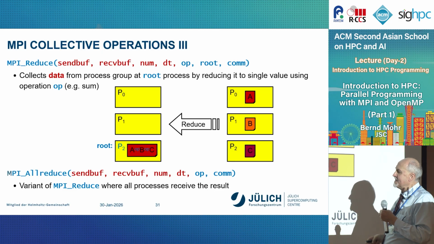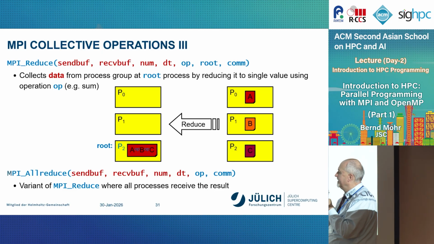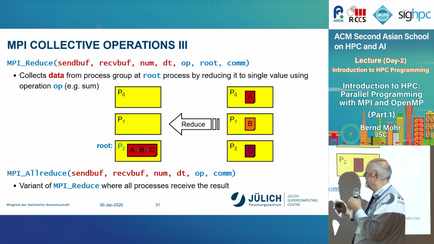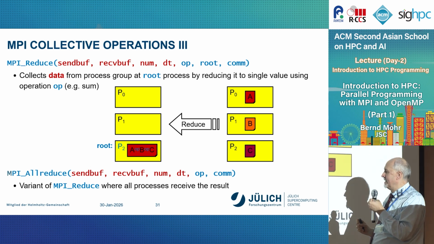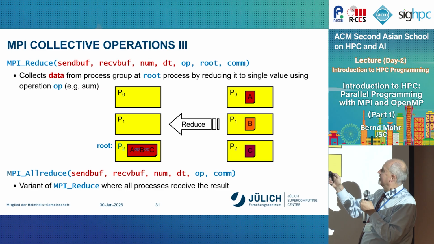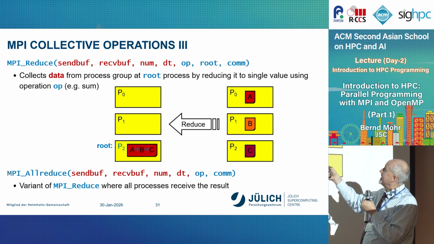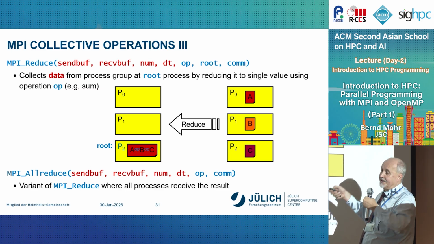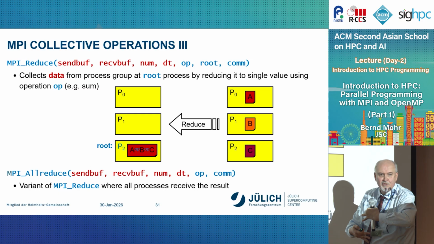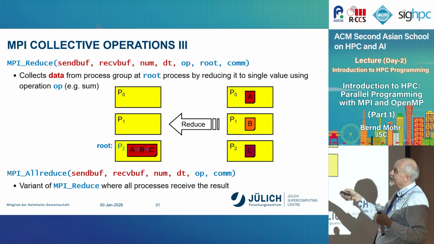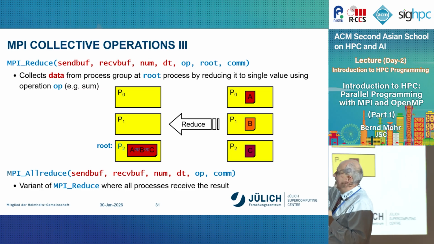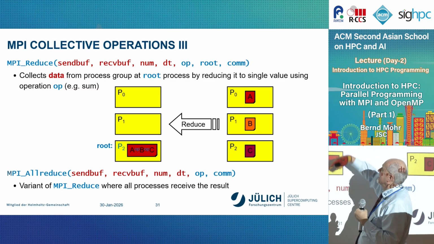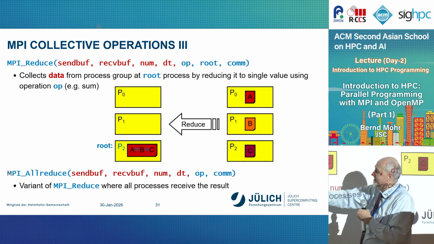This is done with reduce, and in addition you have to specify in op the operation for reducing everything together. Then there's allreduce, where not only the root gets it, but everyone gets the minimum or sum. It is called allreduce.